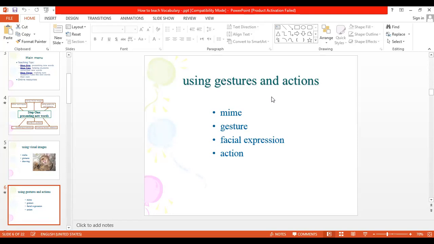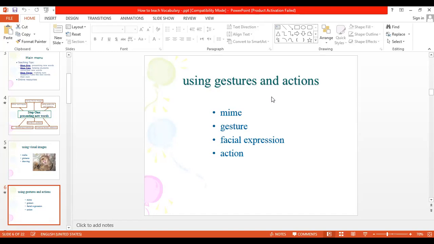And as for action, you are acting out the scene itself, as if you're talking about someone running, or jumping, making up and down movements in place, and so on. These are some definitions of these words. Thank you.